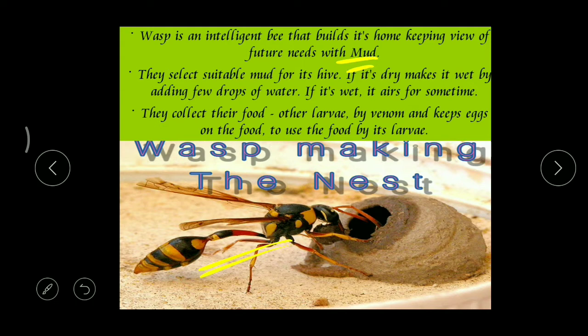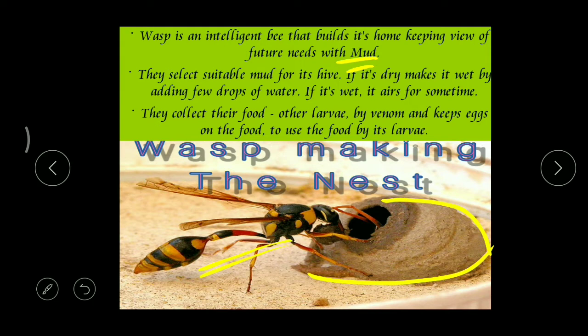Have you seen that? Yeah, in the same way, here also this animal prepares its nest with the help of mud. Okay, first it selects the mud, and then by adding a few drops of water, it makes the mud a little bit loose, and then it prepares the structure like this. Alright.